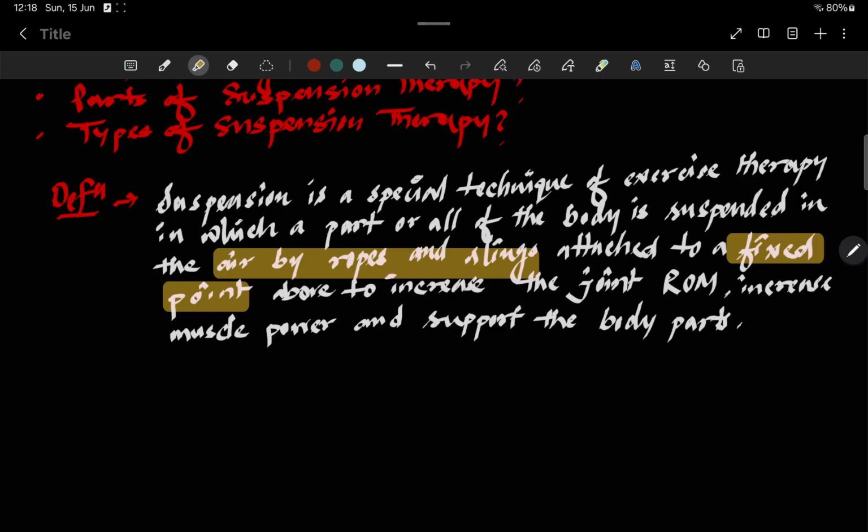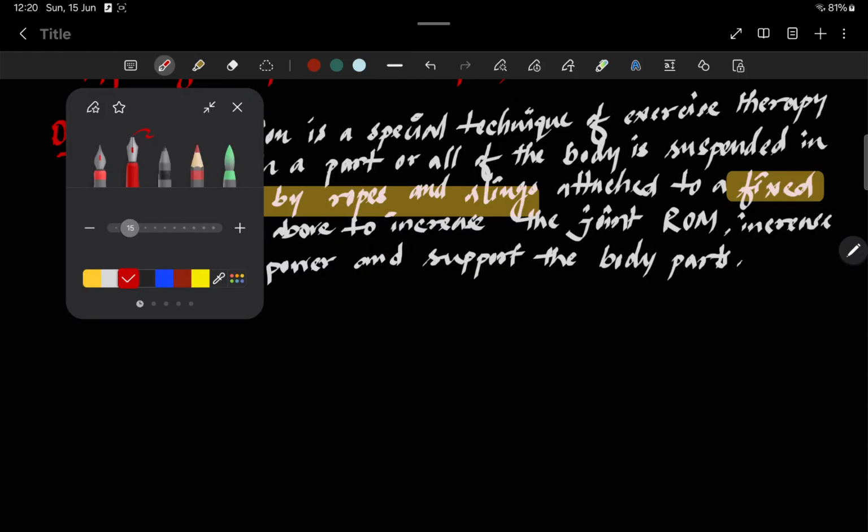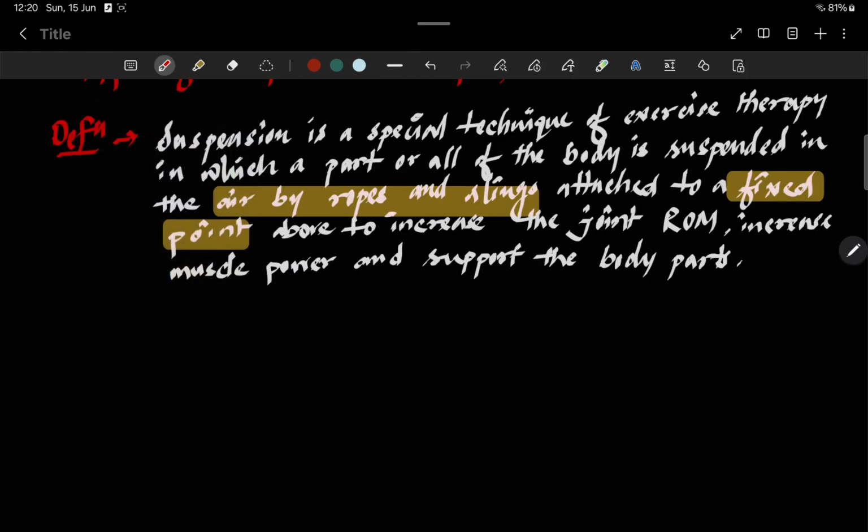Okay, so these are the important points. Next we will study the principle of suspension therapy.